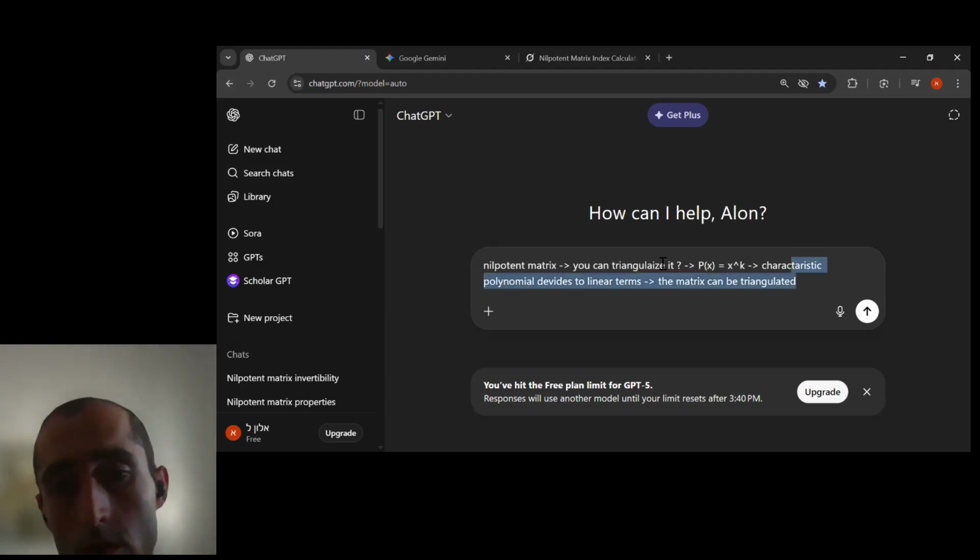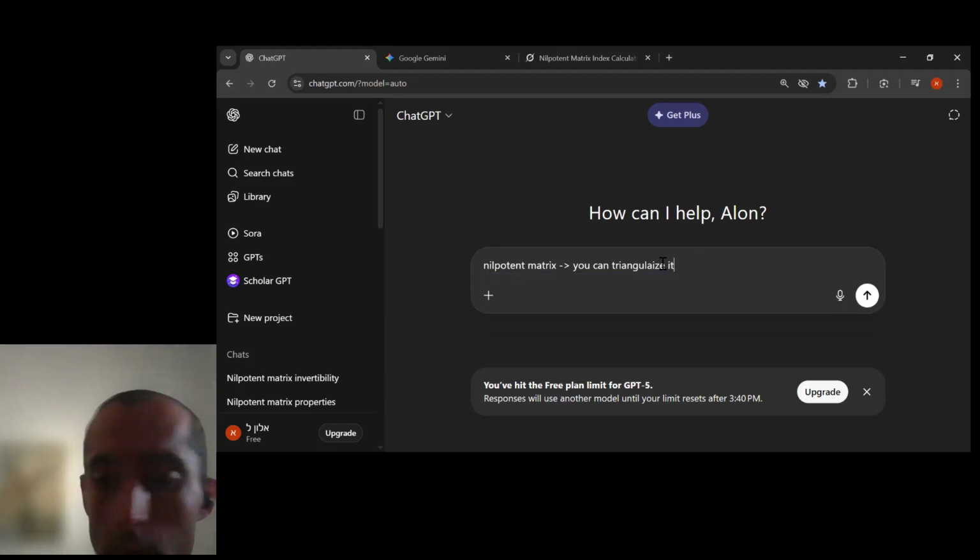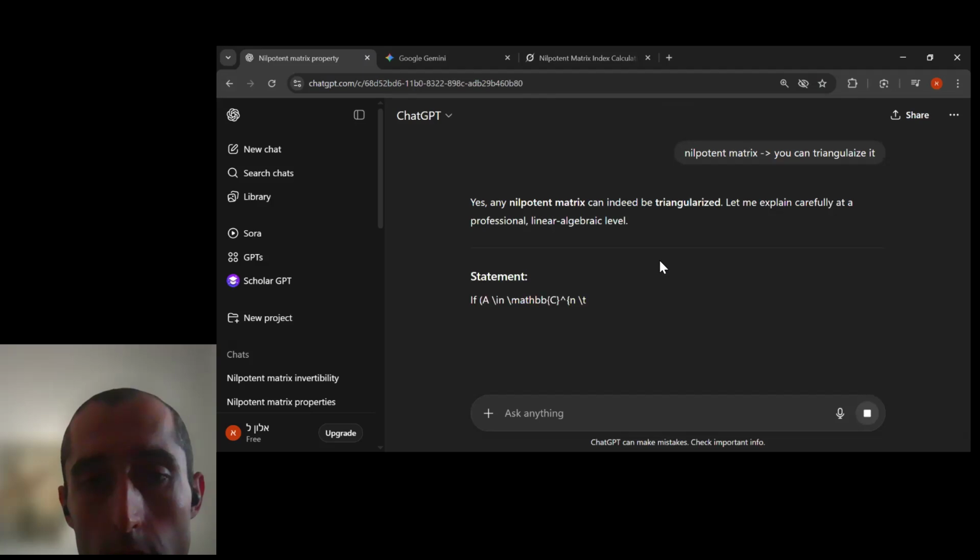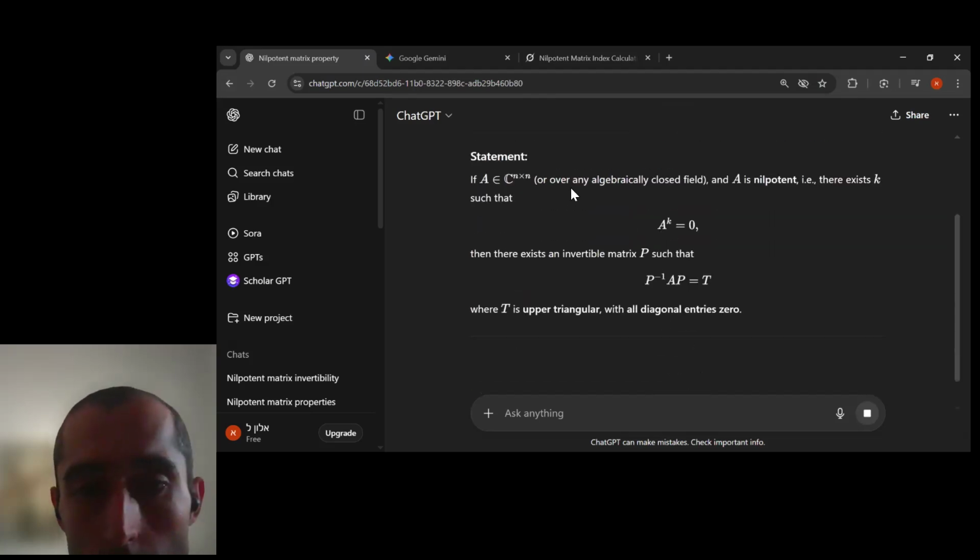So a nilpotent matrix must be triangularizable.